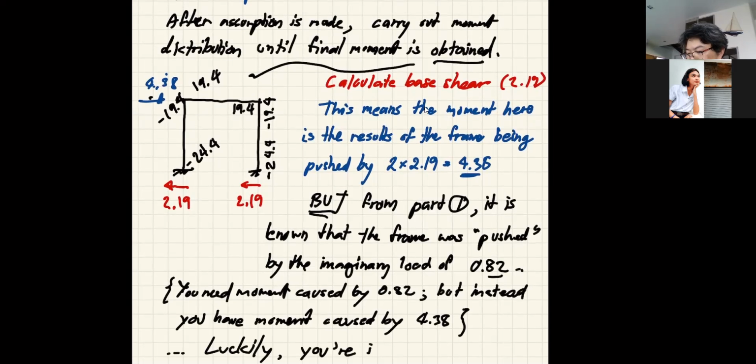Which means the moment due to load equal to 4.38 should be proportionate to the moment due to the load caused by 0.82 kips.